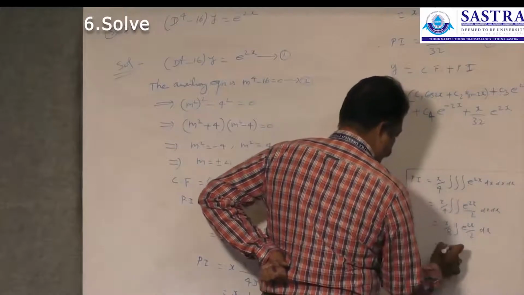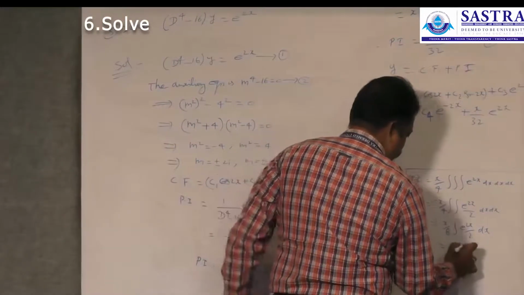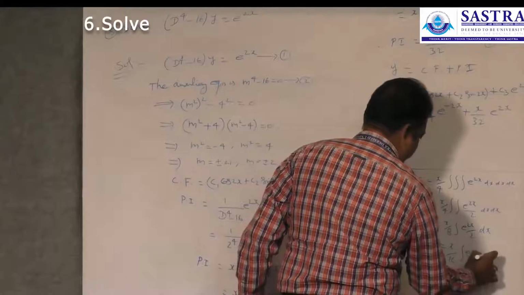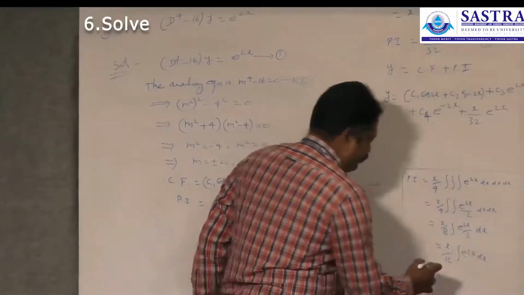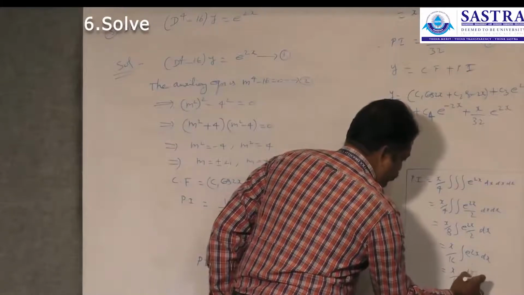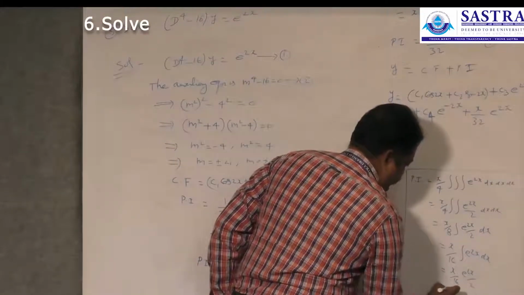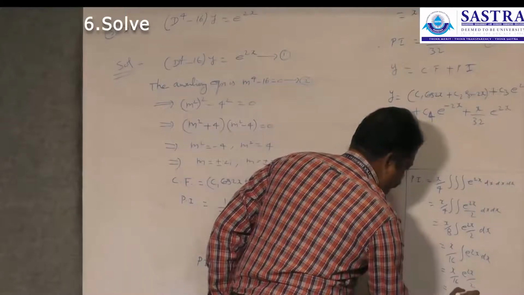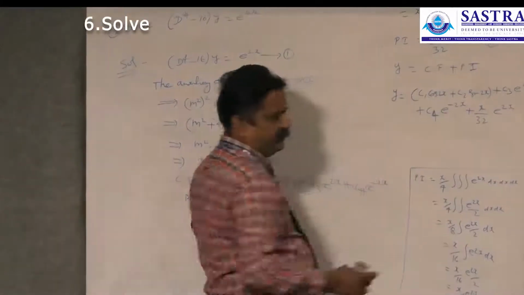We can take 2 outside, x by 16 integral e power 2x dx. Third time we get x by 16 e power 2x divided by 2. We get x by 32 e power 2x. The same thing we got.